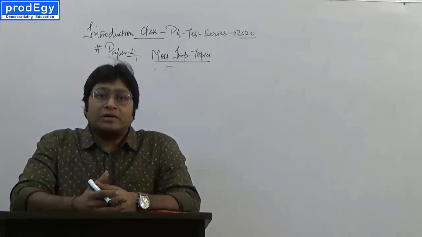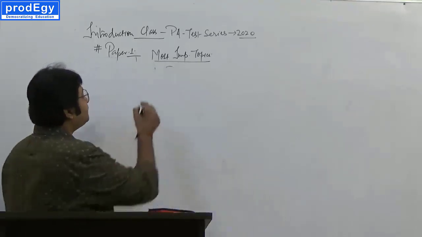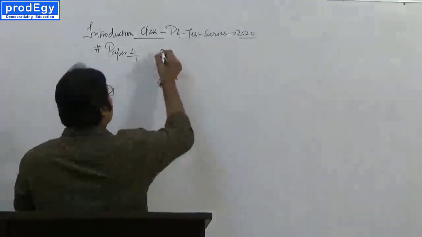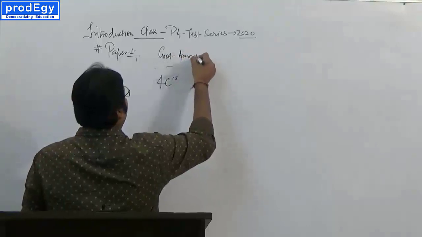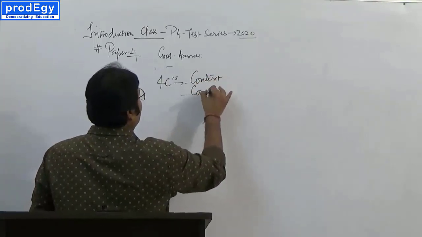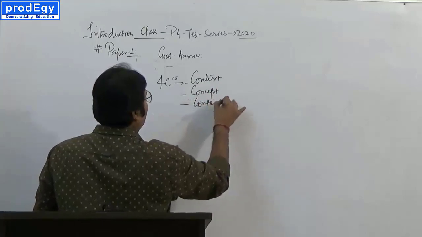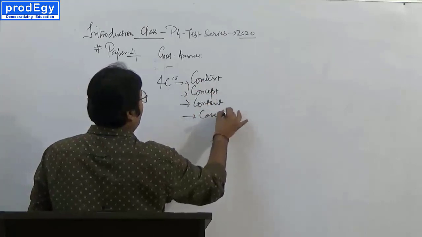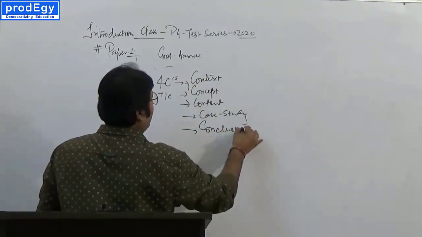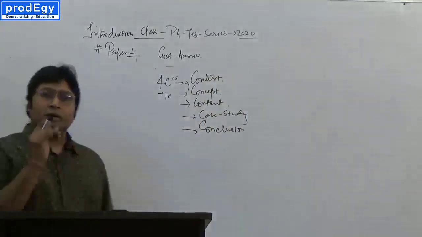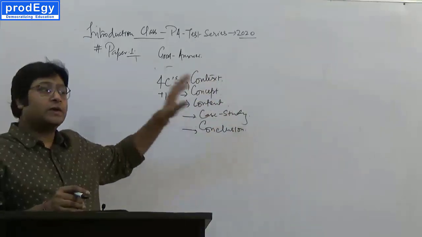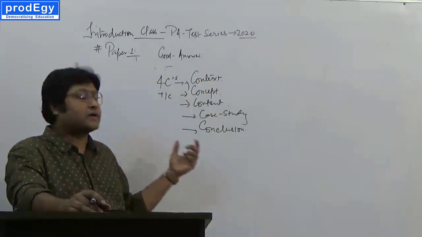And whenever we talk about a good answer, obviously the good answer will have these 4 elements, 4 C's: context, concept, content, that is the body of your answer, case study, which means facts, data, examples, specific case studies supported by government data, government statistics, and a conclusion.